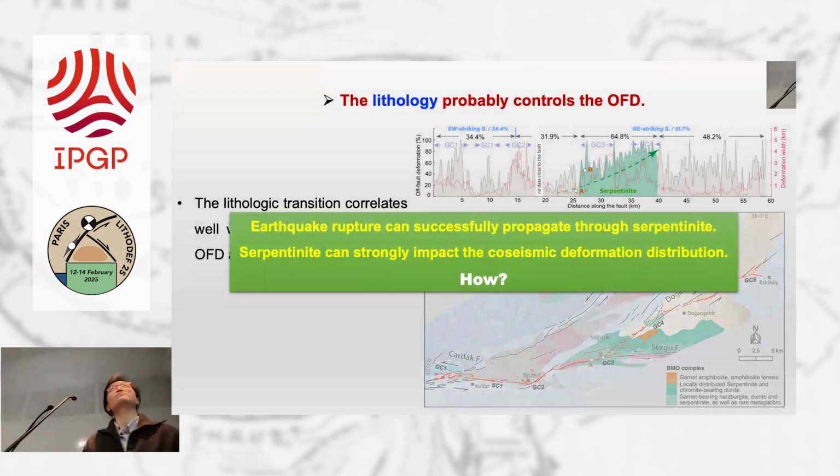So until now, we demonstrated that the earthquake rupture can successfully propagate through the serpentinite, and the serpentinite can strongly impact the off-fault deformation distribution. But how? We wanted to find more.